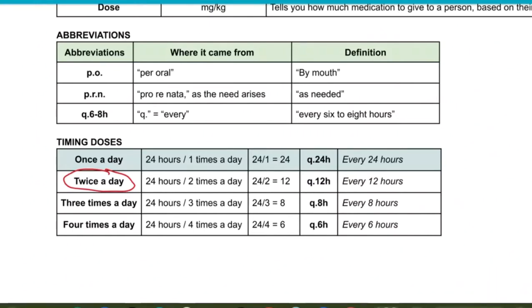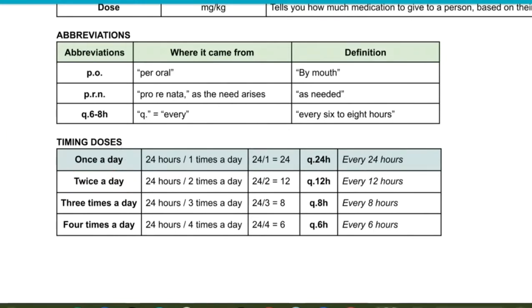So recommended dose might look something like 15 milligrams per kilogram of patient body weight per, I don't know, Q6 hours or something like that. It'll come in that order. Okie doke.